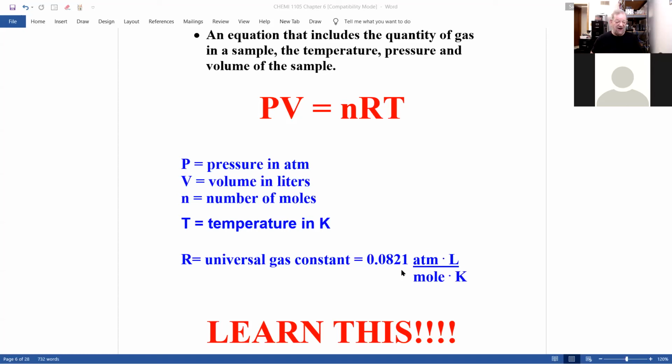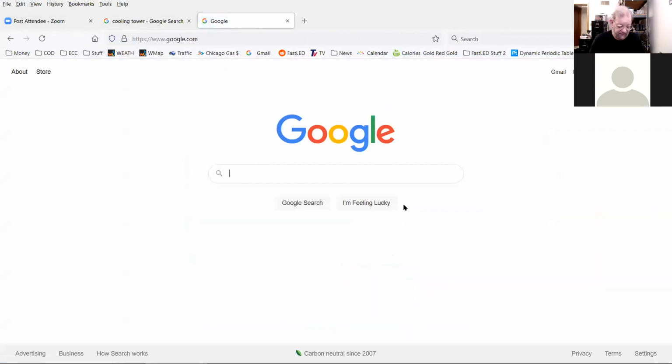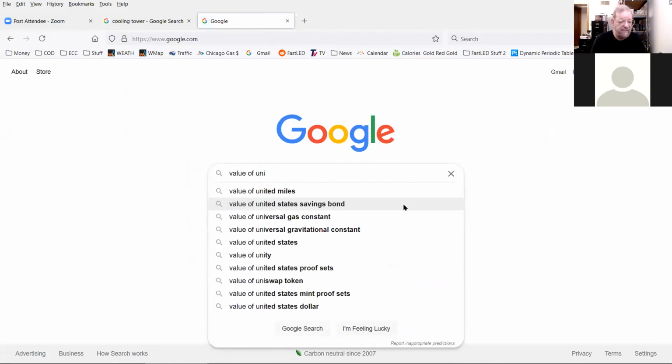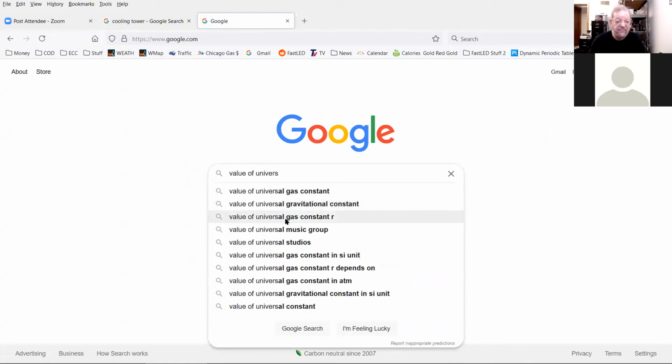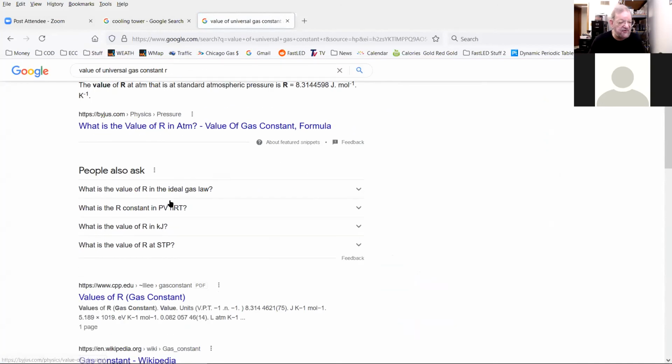I can easily go out on the internet and find R, the universal gas law constant, to a higher precision. Let's see if Dr. White's lying to you. And here they have it in joules, which is another unit.